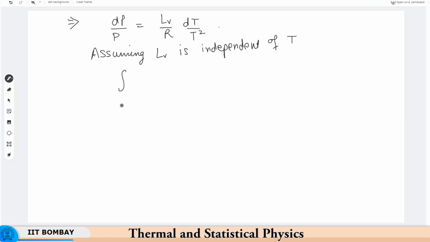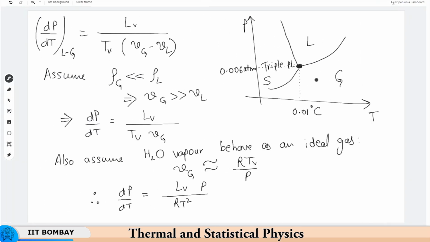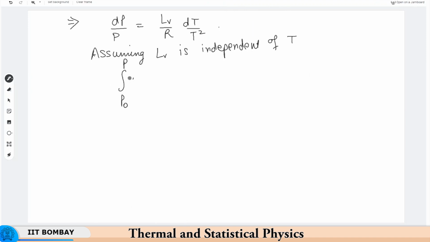If we make that assumption, we can integrate this equation. Let us say this point is T0 and P0. We start from T0, P0, which is this point, to T, P. So P0 to P of dP by P equals Lv by R integral of T0 to T of dT by T squared, and this is a very straightforward integral to solve.